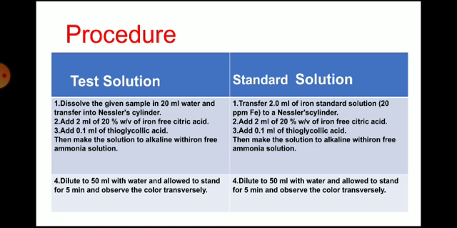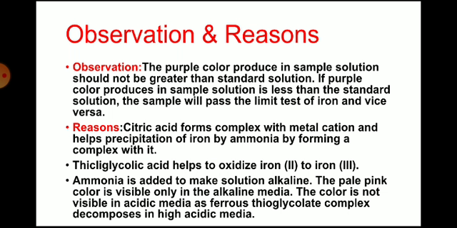Dilute with 50 ml water, allow to stand for 5 minutes and observe the color. The color produced in the sample solution should not be greater than the standard solution. If the purple color produced in the sample solution is less than the standard, the sample will pass the limit test for iron.